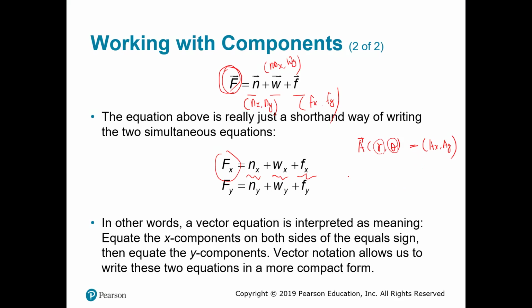And then how to add more than three vectors? If you're looking for the c vector, which is the a vector plus the b vector plus the d vector, whatever, your cx is the ax plus bx, adding all the x components, and then cy is adding all the y components of the other vectors.